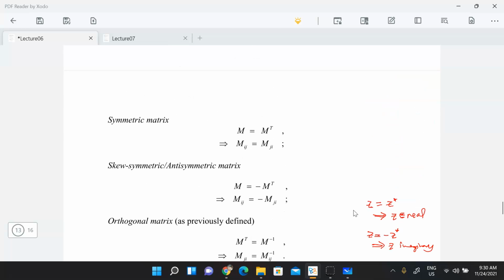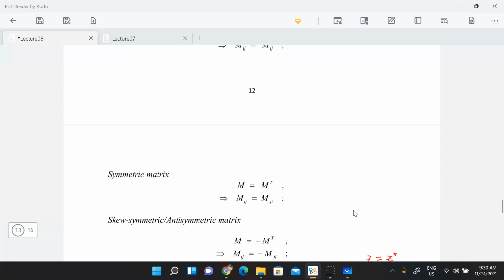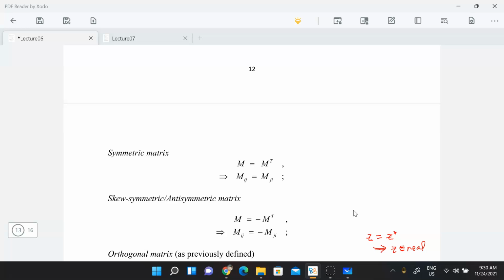Let's go back to the way we define these special matrices. We have seen the real matrix and the pure imaginary matrix. If one looks at the case of the transpose, if you take a similar kind of relationship where M transpose equals M, then we get what's called the symmetric matrix. The way to think about this is to look at the indices, which tell you about the rows and columns.